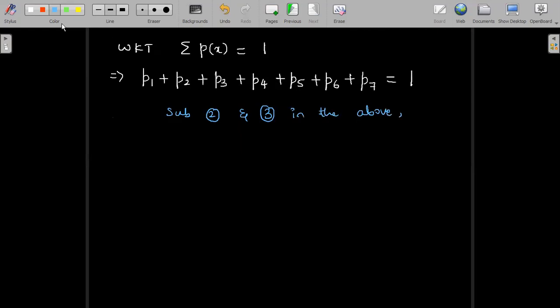So what can we get by substituting equations 2 and 3? P1, we retain as it is. P2 can be written as P1, they are equal. P3 is also equal to P1. P4 is 3P1, correct? P5 is P1. P6 is P1. P7 is also P1. You can just verify the expression. I'm using equations 2 and 3.